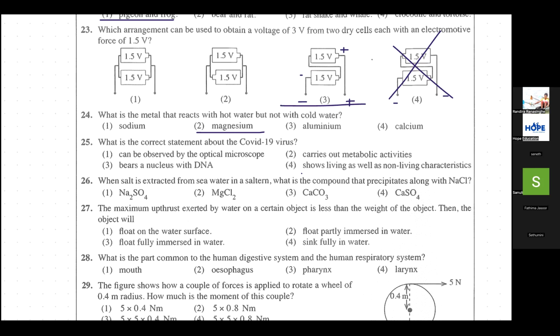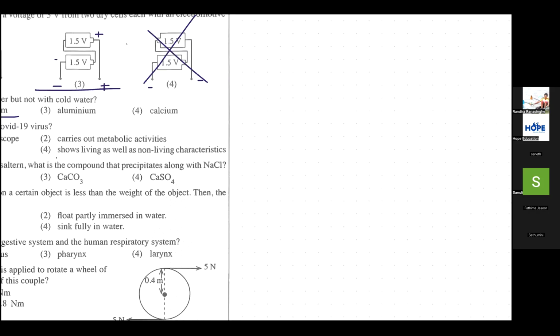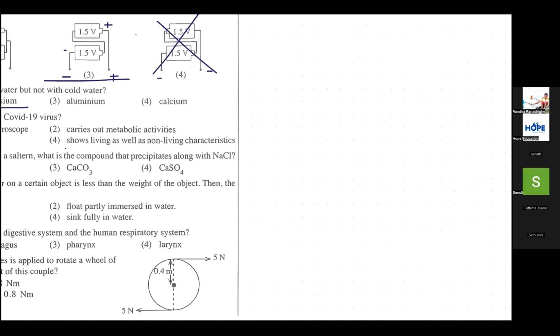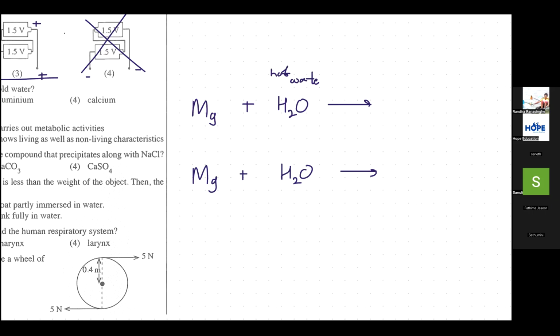What is the reaction of magnesium with hot water? Write the reaction. Magnesium with hot water. Magnesium with steam. Write these two reactions. This is hot water. This is steam.